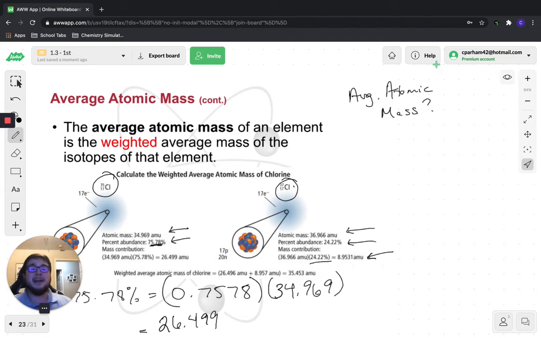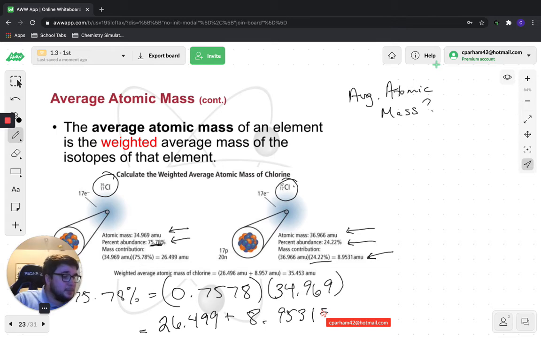And to get my average atomic mass, my last step is to just add them up. If I add them up, I get something close to 35, give or take, a little bit more than 35, I think.